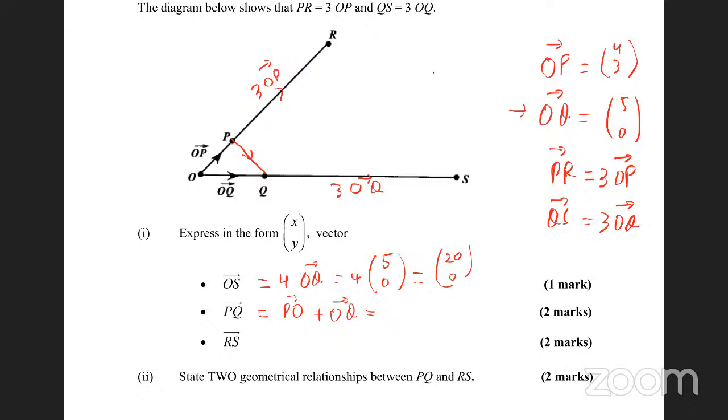P to O is minus OP, because it's P to O, right? So it's minus (4, 3). And OQ is (5, 0). So the answer is (1, minus 3).